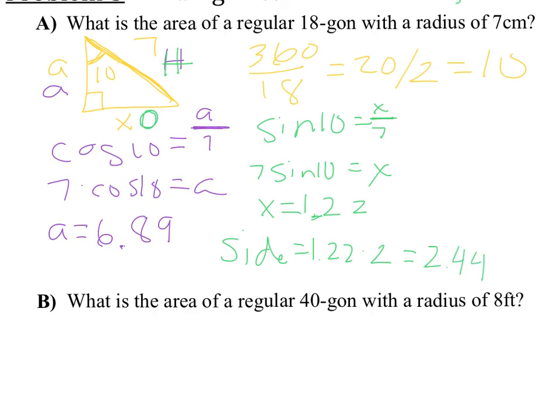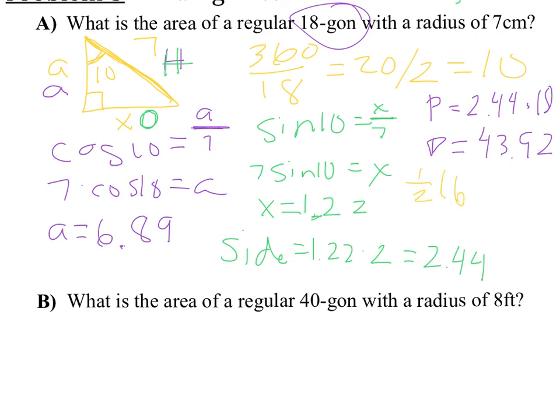However, now I actually have to figure out what my perimeter is. My perimeter is one side length, 2.44, times however many sides you have. It's an 18-gon, so times 18. If you can't tell, that was an 8. So my perimeter is equal to 43.92. So my area is 1/2 times my apothem, 6.89, times, I'm just going to draw an arrow, that 43.92, because I don't have enough room.